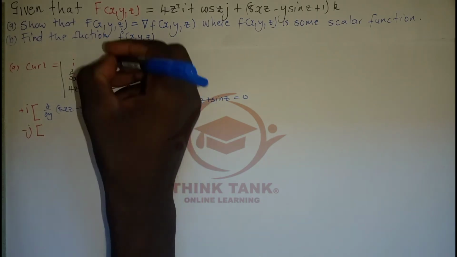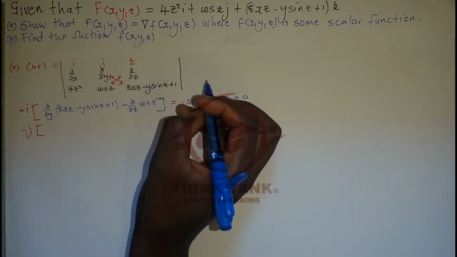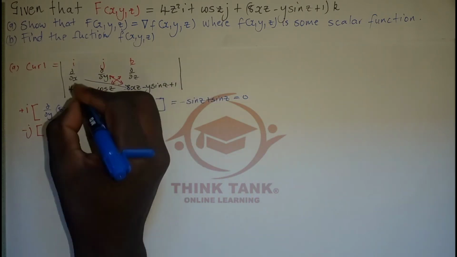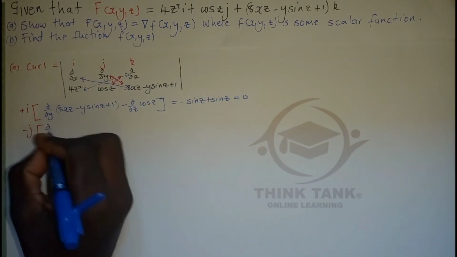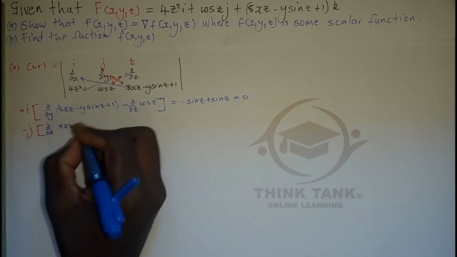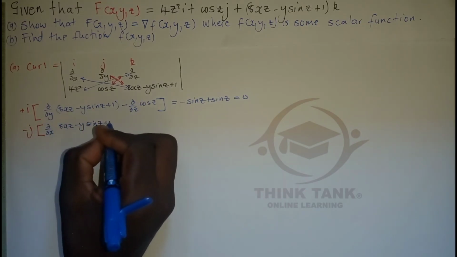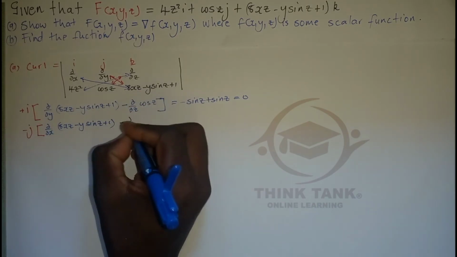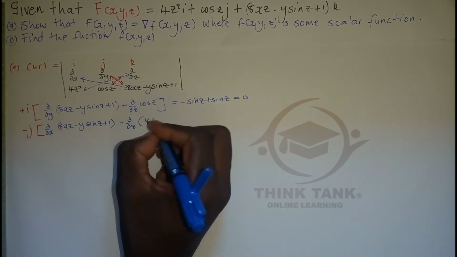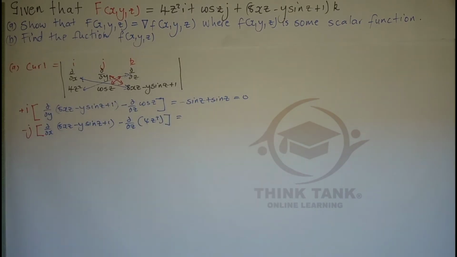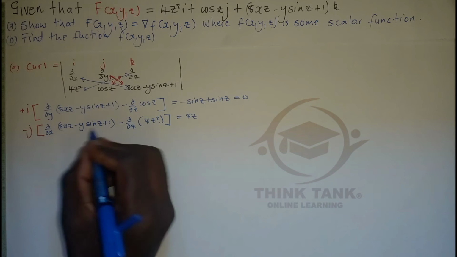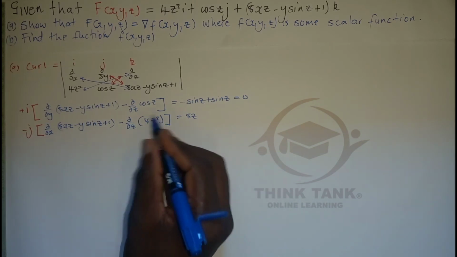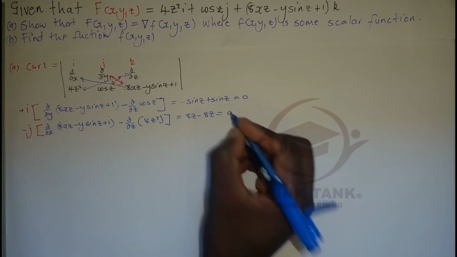Closing the j column and the j row, we look at this diagonal minus this diagonal: partial x of (8xz − y sin z + 1) minus partial z of 4z². Differentiating with respect to x, z is a constant, so we have 8z, and the other terms are 0 since there is no x variable. For the second one, with respect to z we drop the power and have 8z, so we have 8z minus 8z, which is 0.